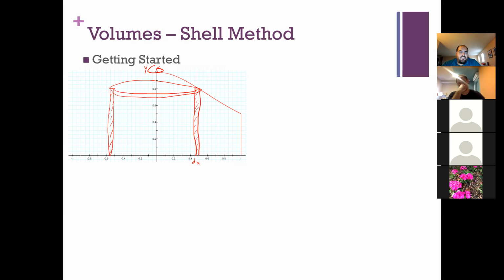But this is still going to be a cylinder, but it is going to be a shell. It's going to be hollow. It's going to have this little elementary thickness to it, but it's still going to be a cylinder.